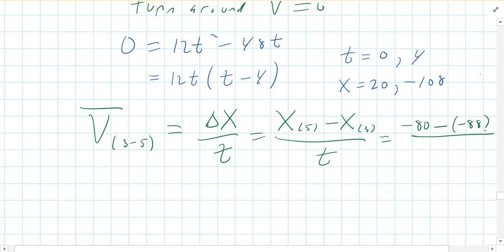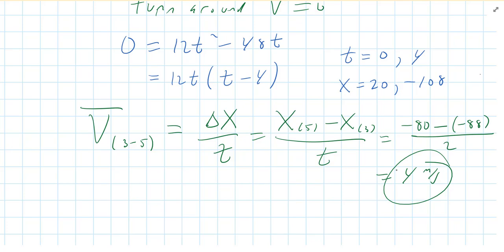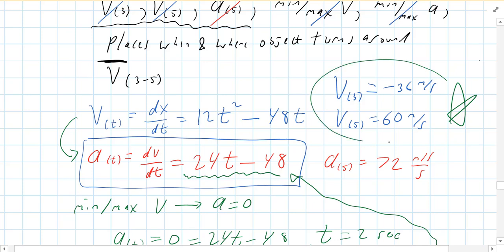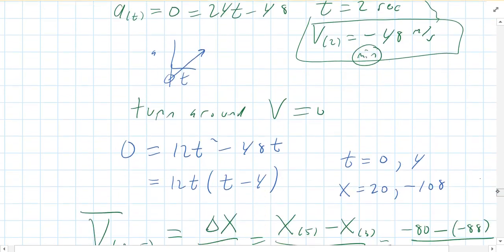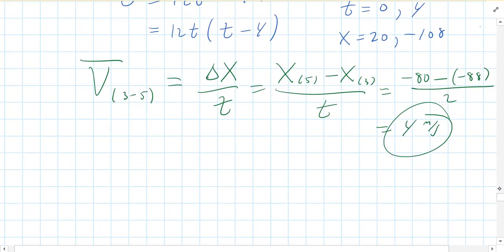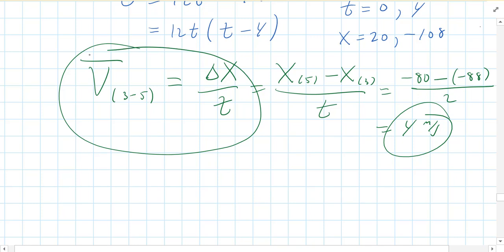The time elapsed is 2 seconds, so you end up with 8 over 2, which is 4 meters per second. So that's actually the average velocity between 3 and 5 seconds. By the way, a common error people make is to average the velocity at 3 and 5 seconds, and that's not correct for a problem that doesn't have constant acceleration. For such a problem, you have to use the equation that always works, which is delta x over t, and that will give you the correct answer.